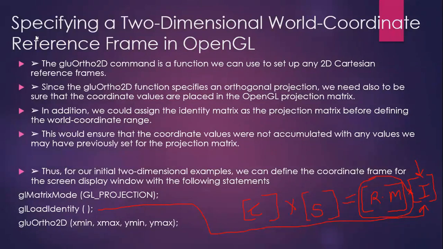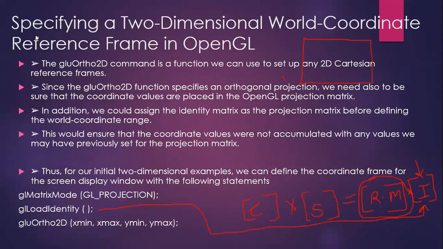Next you have gluOrtho2D with x minimum, x maximum, y minimum, and y maximum. That means you are going to create an orthogonal 2D viewing volume with certain boundary lines.